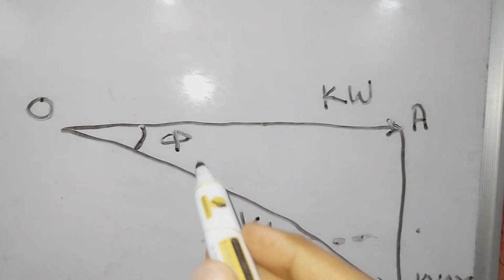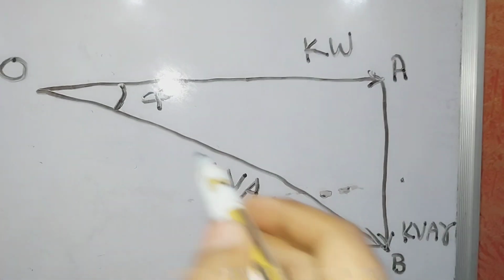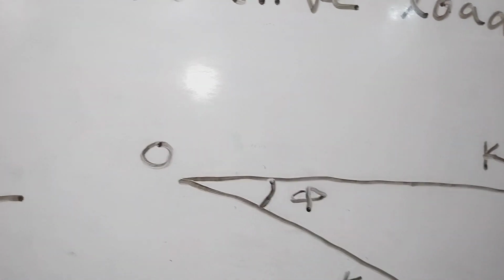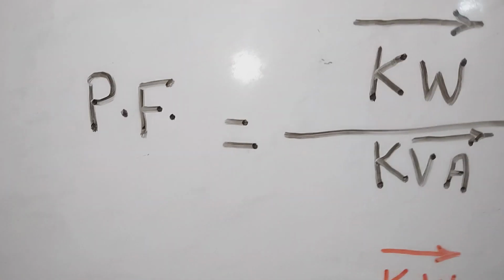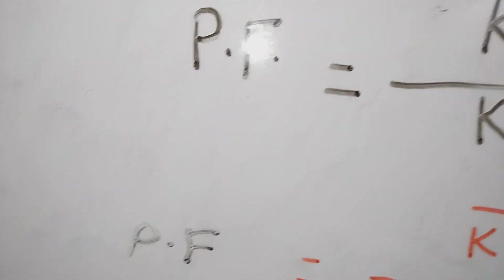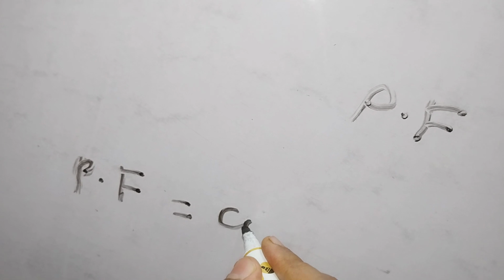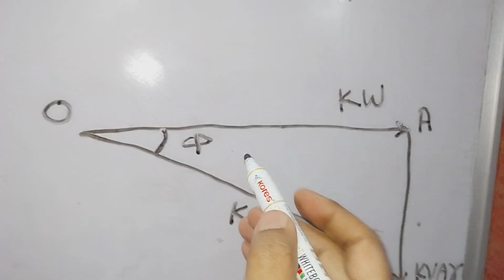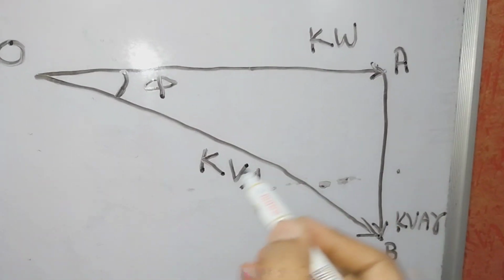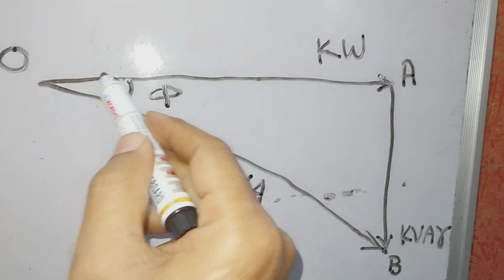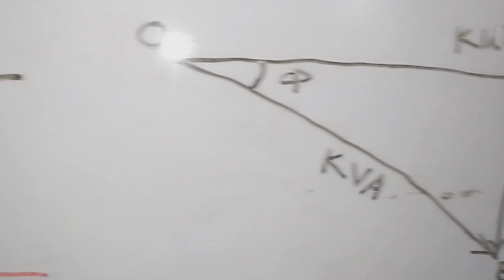Here the angle between real power and apparent power is phi. So power factor will be cos phi. PF is equal to cos phi, the cosine of the angle between OA and OB, that is real power and apparent power.